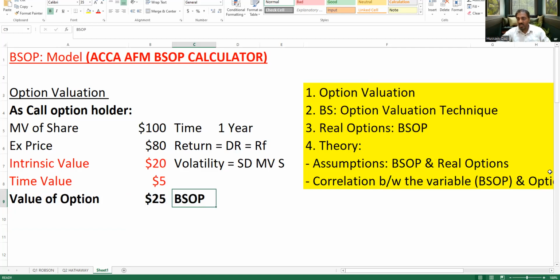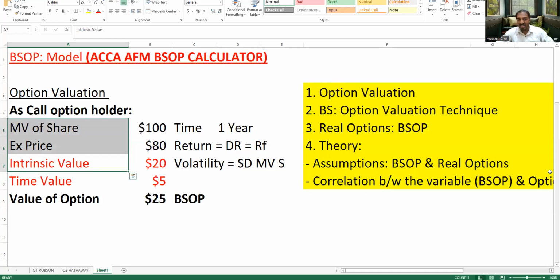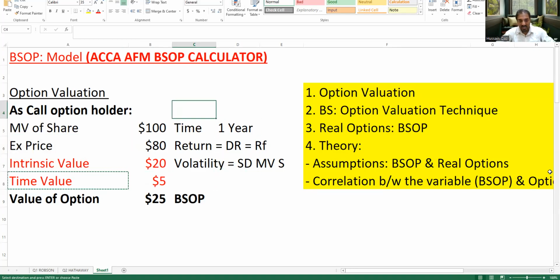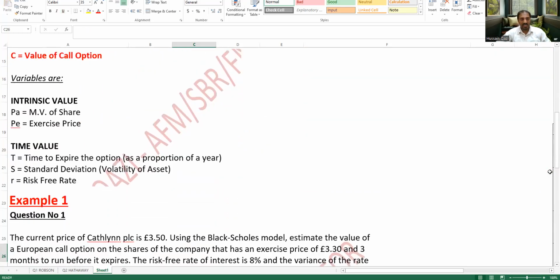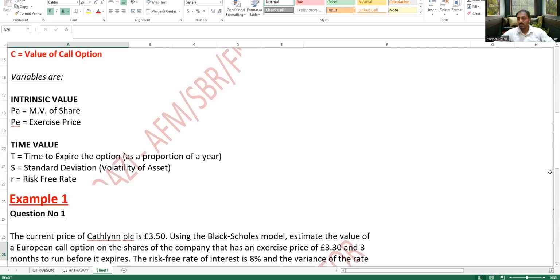And BSOP says there are two main variables, or two main ingredients, to calculate the option value. Number one, intrinsic. Number two, time. Intrinsic has two components, market value of share and exercise price, and time value includes these variables. So in simple words, one by one.